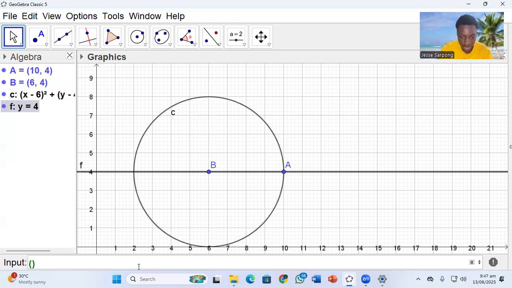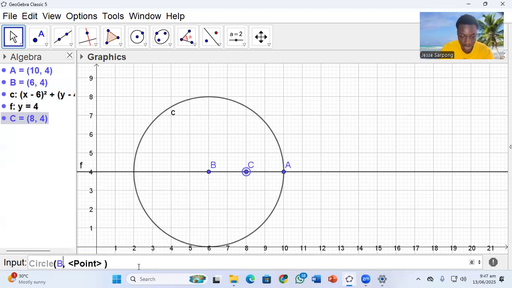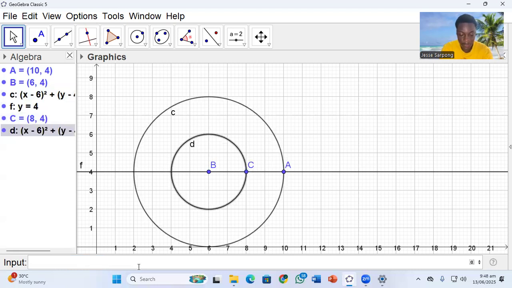So I'm going for the point 8 on the x-axis and 4 on the y-axis, so it's on the line. We construct another circle with center B and C being the point on the circumference. Now our new circle is D.